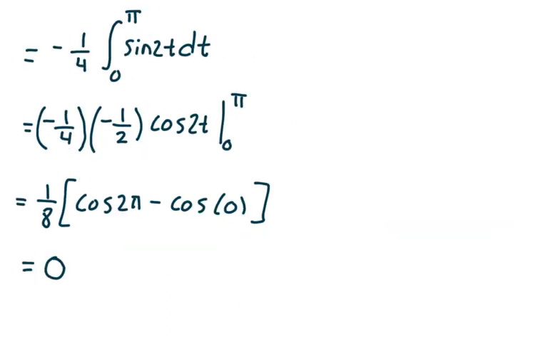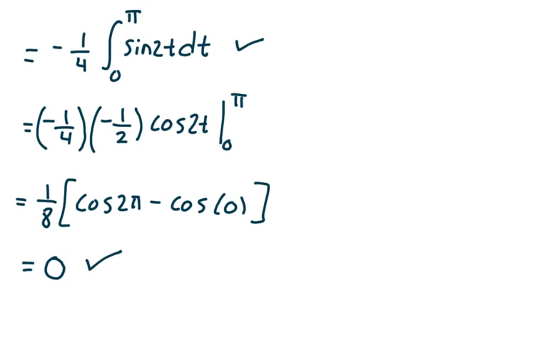So this is equal to negative 1/4 the integral from 0 to pi of sine 2t dt, which is negative 1/4 times negative 1/2 cosine 2t evaluated from 0 to pi, which is 1/8 the quantity of cosine 2 pi minus cosine 0. So the answer here is 0.